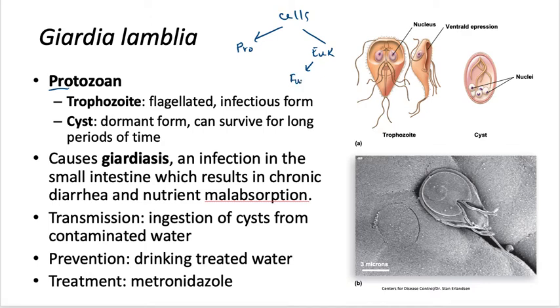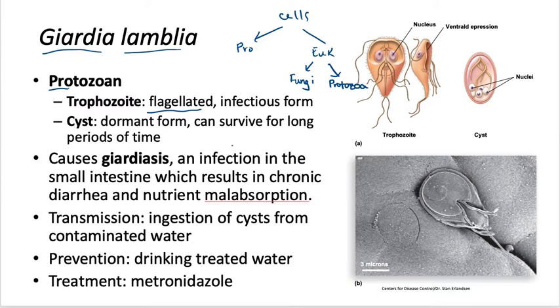So in our eukaryotes, we have fungi and we have protozoa. And we have 4 different types of protozoa depending on their motility. This particular type of protozoa, Giardia lamblia, is a flagellate. So you can see the flagella all around the cell.